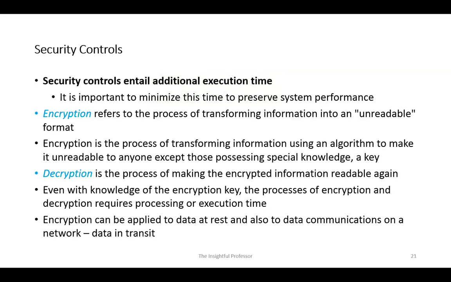But the point that we're making about encryption and system resources is that encryption is basically a process. So the process of encrypting is going to consume some system resources.